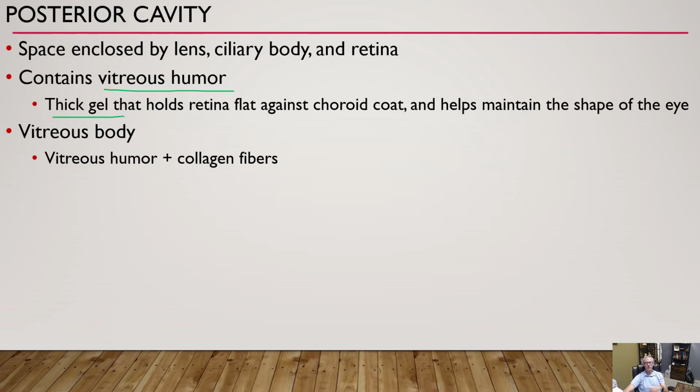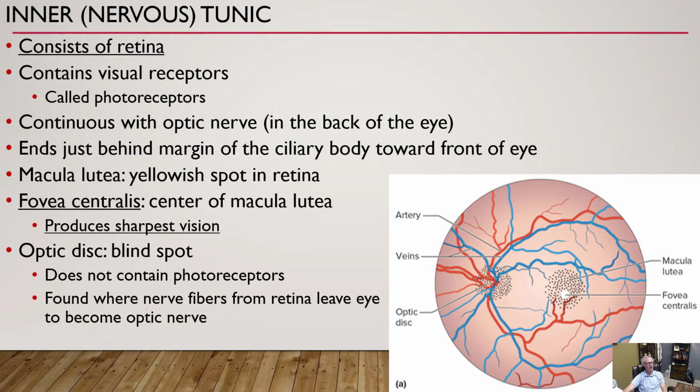If you stick the needle really far in your eye, you're going to squeeze out some jelly. Again, don't do it. We have a lot of collagen fibers more in the back of your eye, so we have what's called a vitreous body. Vitreous body is that vitreous humor, that gel-like fluid, plus a bunch of collagen fibers.